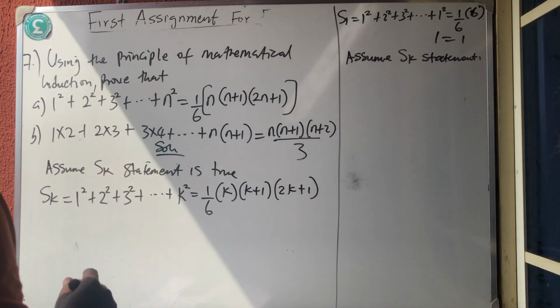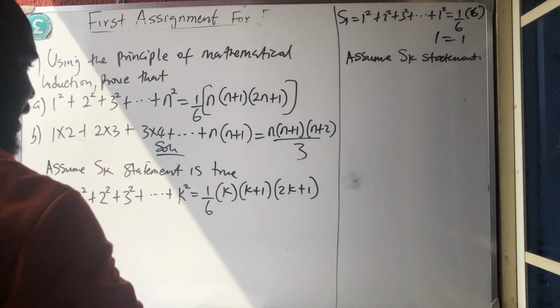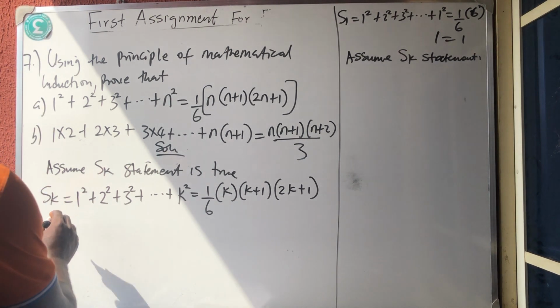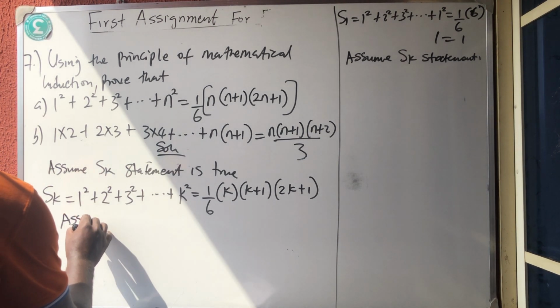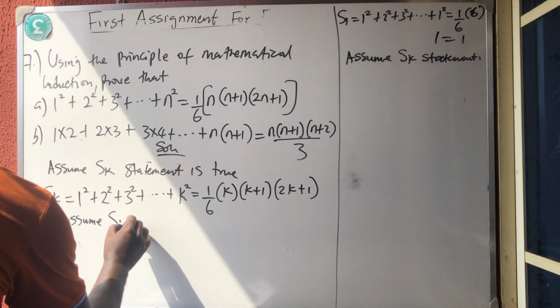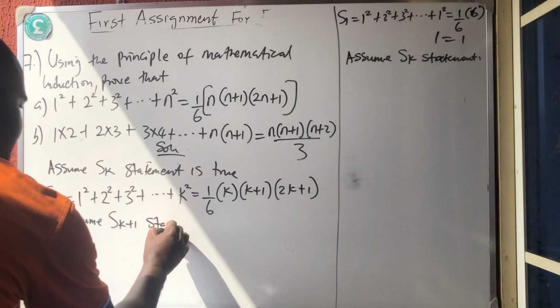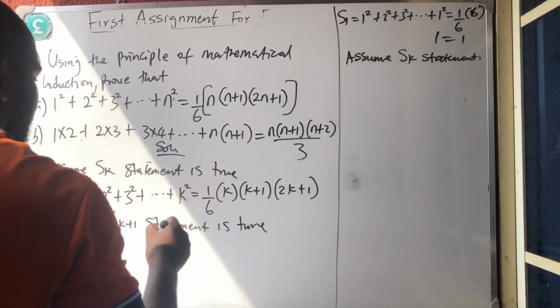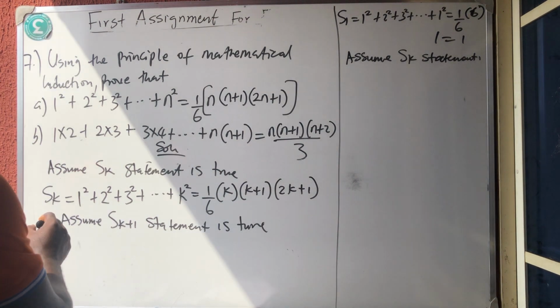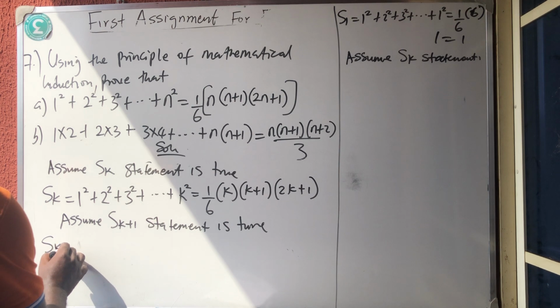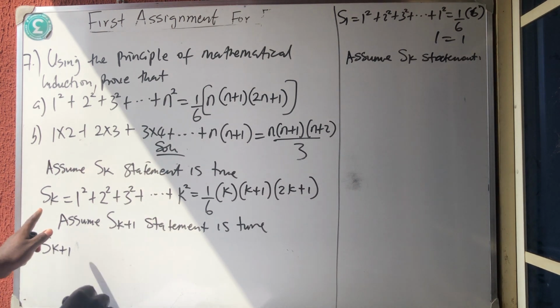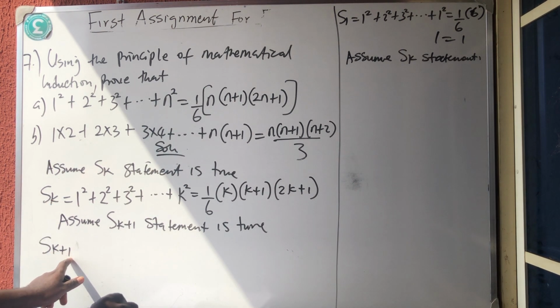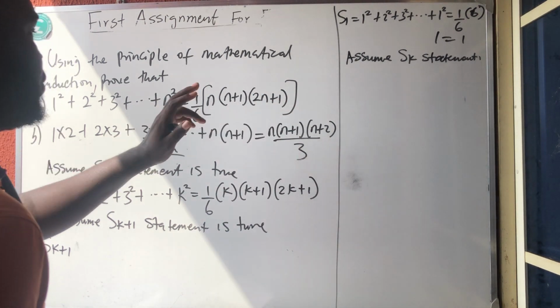You are done here. The next thing you are doing is to assume SK plus 1 statement is true. So what does it mean? That anywhere you see SK, put SK plus 1. Anywhere you see K now, put K plus 1, or anywhere you see n, just put K plus 1.